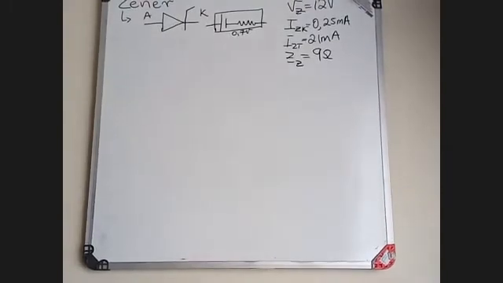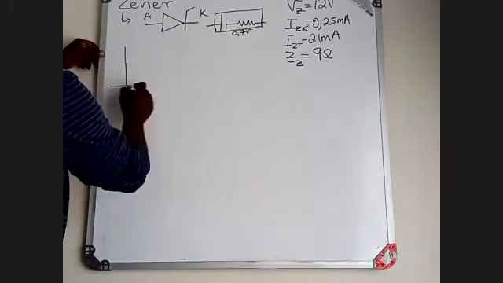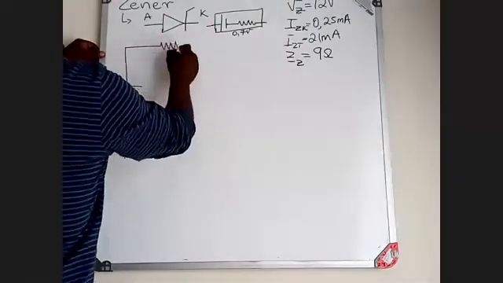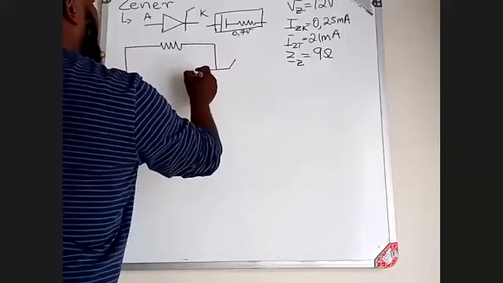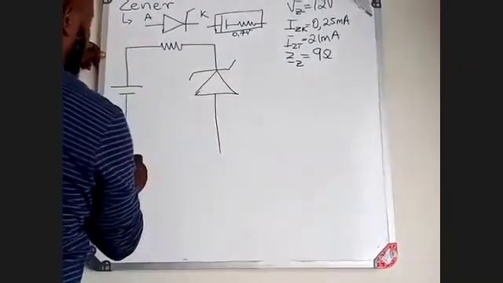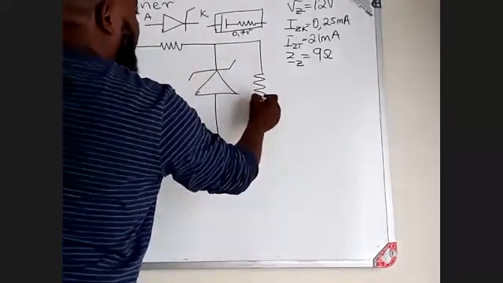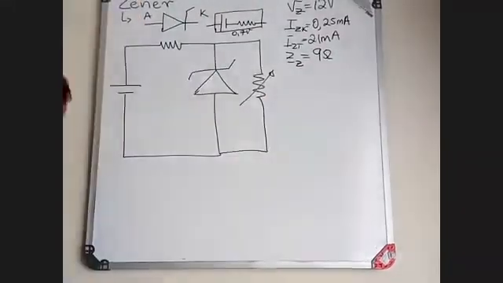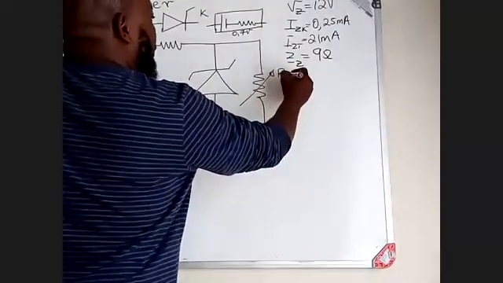Now, let's say, for example, you are given an input, a Zener diode with a variable output load.